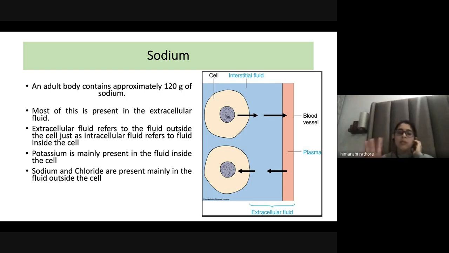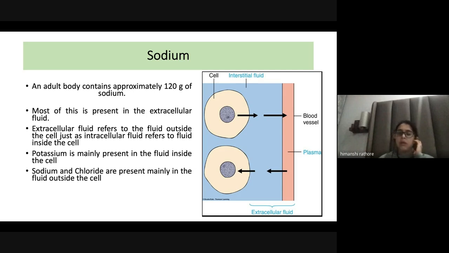So, sodium is present in the extracellular fluid. You can see in the diagram also, it is clear what is intracellular fluid, what is extracellular fluid, and which mineral is found in intracellular fluid and which in extracellular fluid.